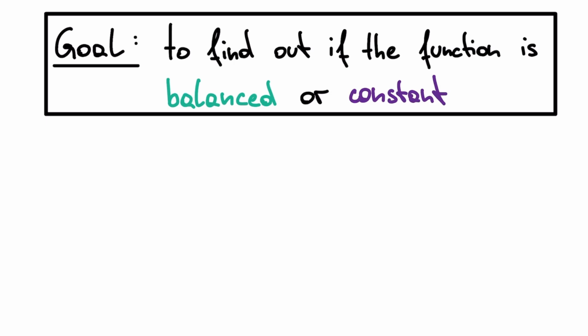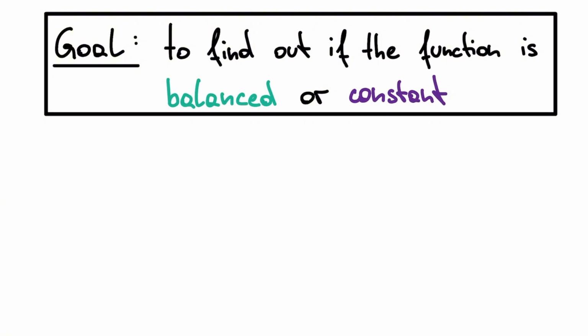So what is the goal here? Our goal is to figure out whether the function is balanced or constant. Once again, we do not know which function is currently active inside the black box. All we can do is send inputs into the black box and read the outputs that come back. That's it. We do not get to look inside.